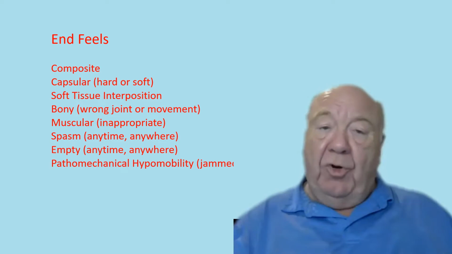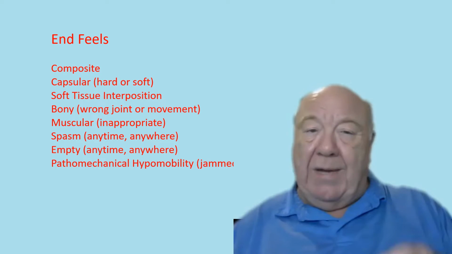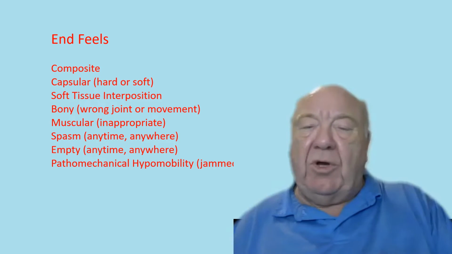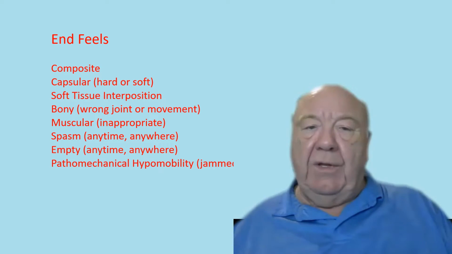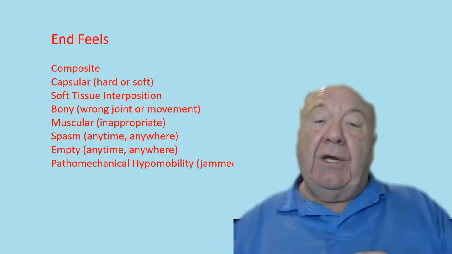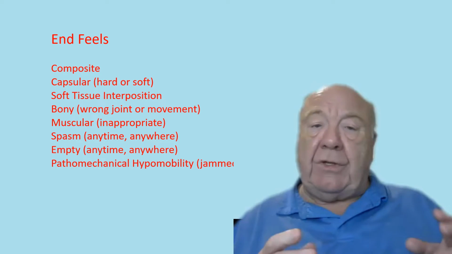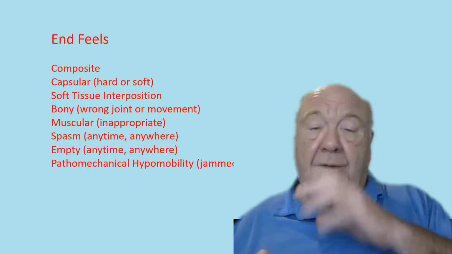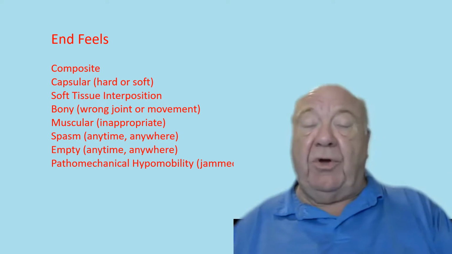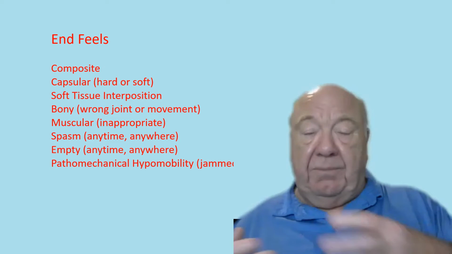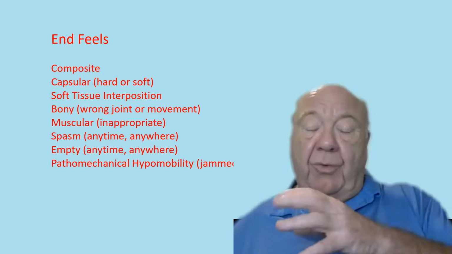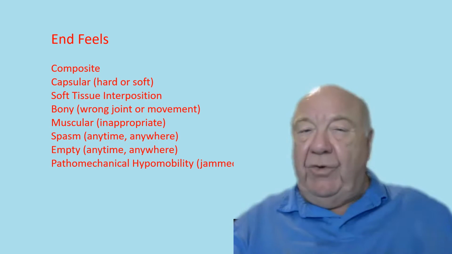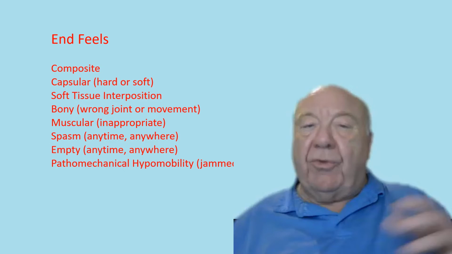Now, in abnormal end feels, the abnormality generally comes to the surface, and you lose or you minimize the effect of muscle tone, especially in joints that are limited in range. So typically, if it's excessive tone, you can take that out by doing hold relax or putting more proprioception into the joint, but you reduce the muscle tone to the point where it doesn't really play a big role in you feeling the end feel, but you'll still have a composite end feel.